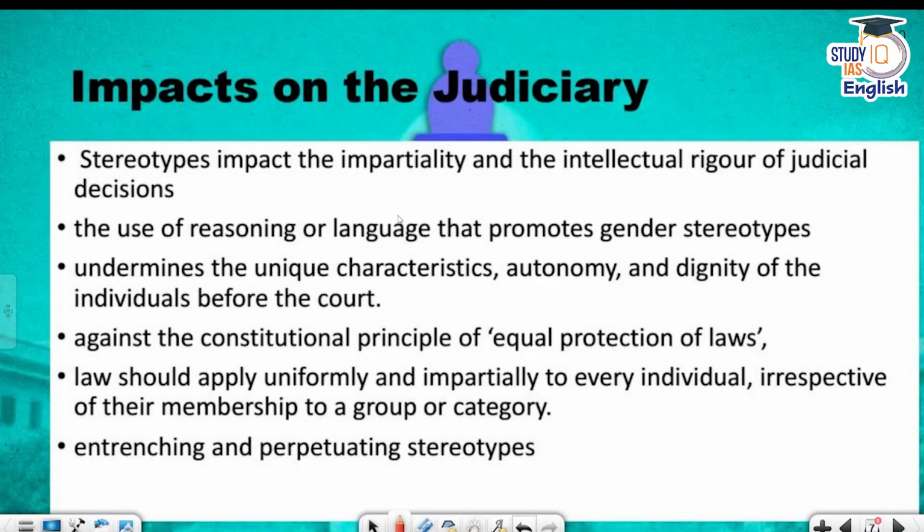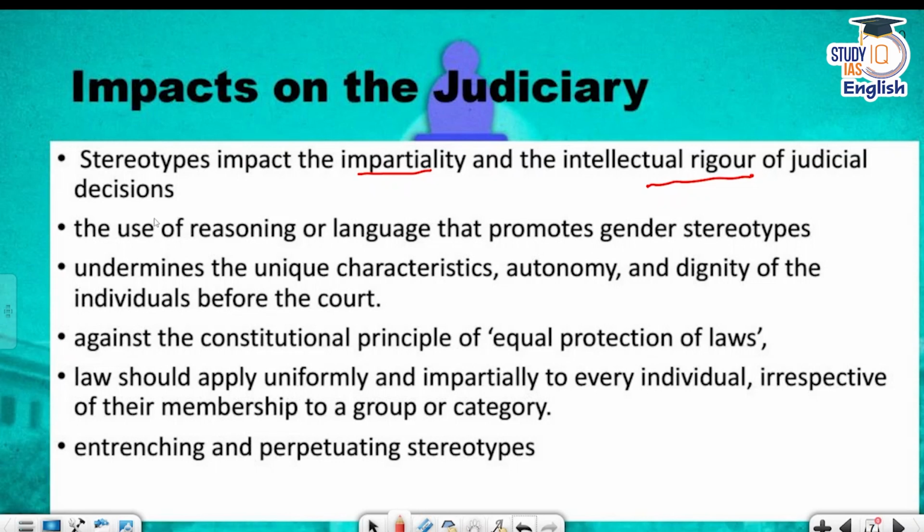But the judiciary should be free from it because stereotypes impact the impartiality and the intellectual rigor of judicial decisions. If any judge is biased, even subconsciously, and they have been conditioned, every one of us is conditioned to behave in a certain way, to use certain words from the very childhood.